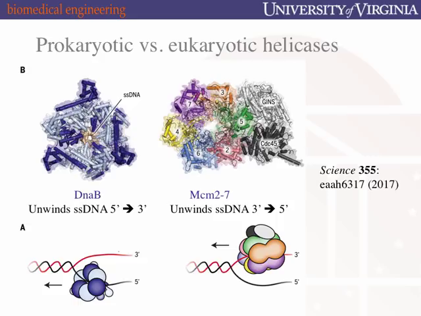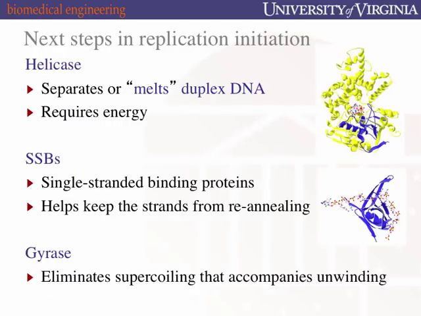It's thermodynamically unfavorable for them to be separated, and they will rehybridize within seconds, unless you have single-stranded binding proteins, or SSBs. These are abundant proteins in the genomic material of prokaryotes that stabilize single-stranded DNA in the single-stranded state. You can think of them as almost like coating proteins that keep those two individual strands apart, such that DNA replication and elongation can occur before they bind back to one another.